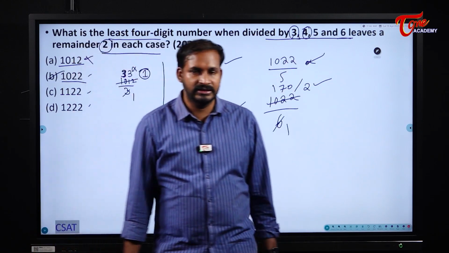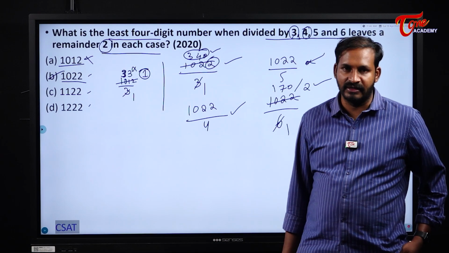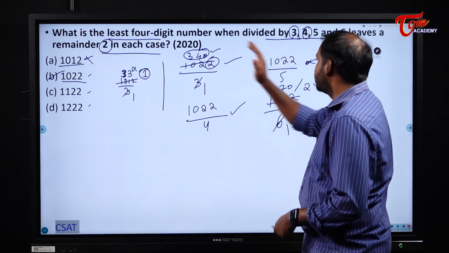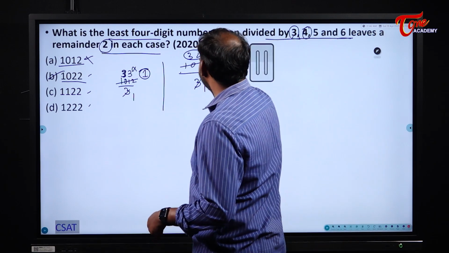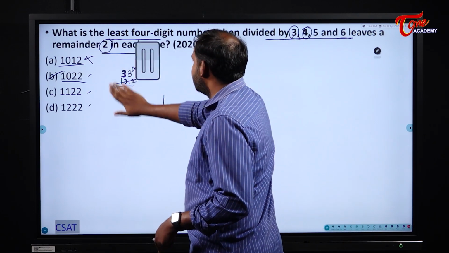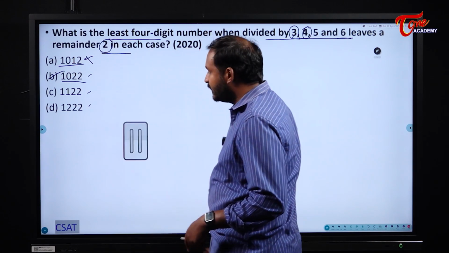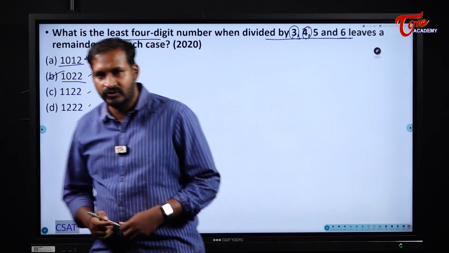This is one method, doing the option verification. If you want to solve the same one with the help of the concept, please see here, students. There is a number which is divisible by all these numbers but gives a remainder of 2 in each case.